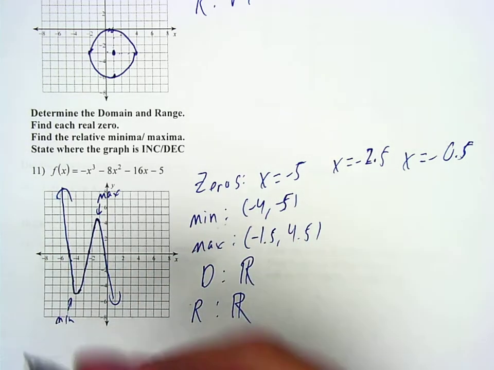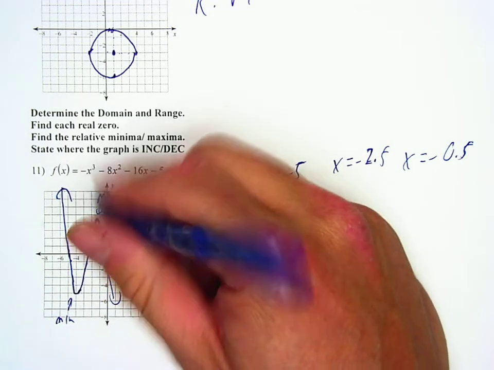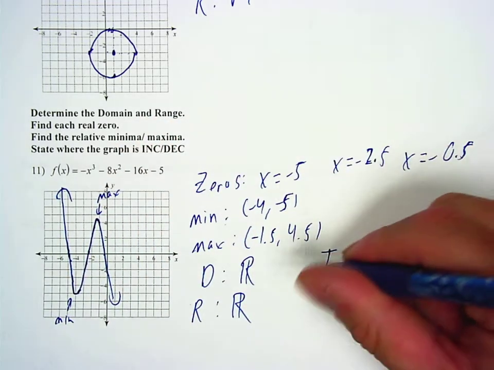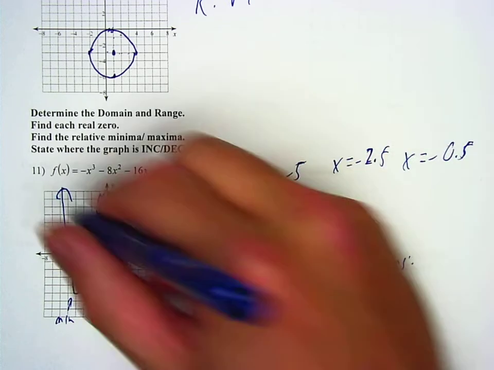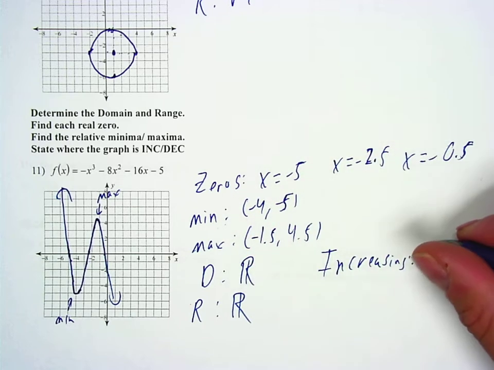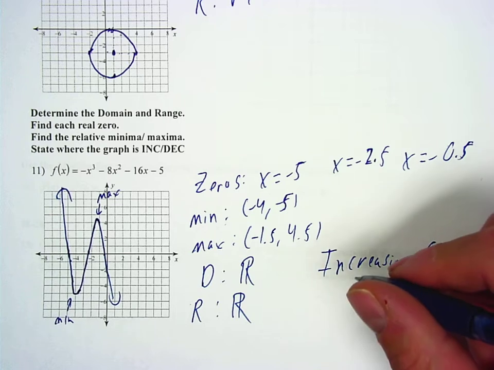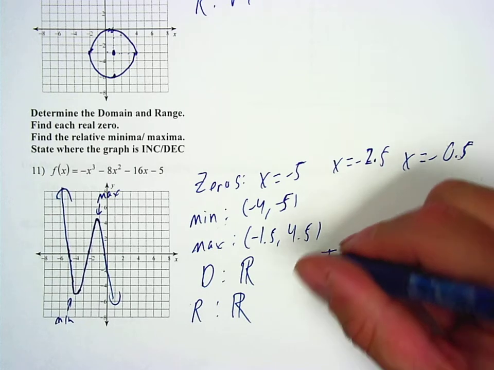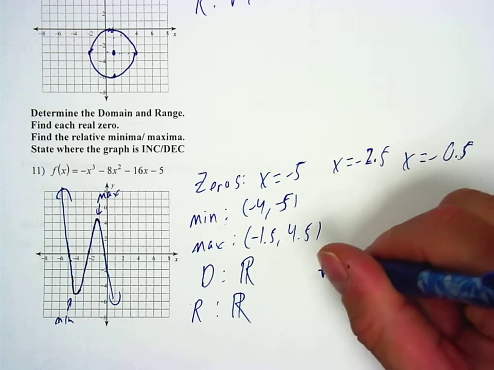All right, increasing, it's increasing on this interval here and decreasing on the rest of it. So we're going to have a decreasing interval on negative infinity all the way to my minimum. Negative infinity, comma, negative 4. Sorry, that's decreasing.